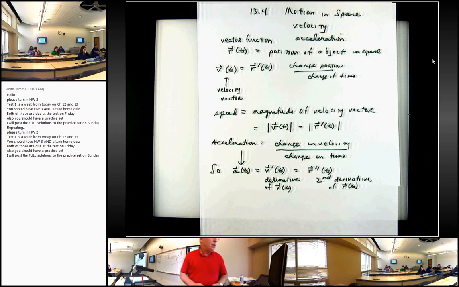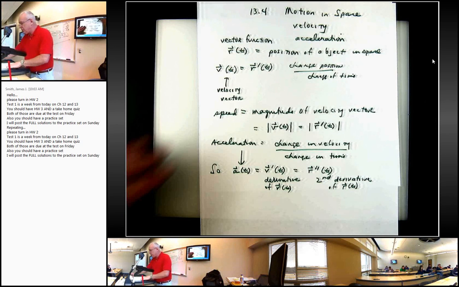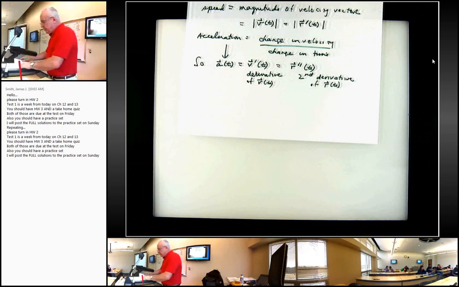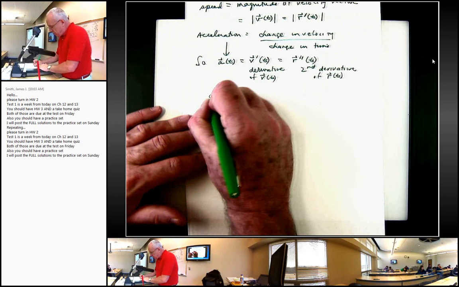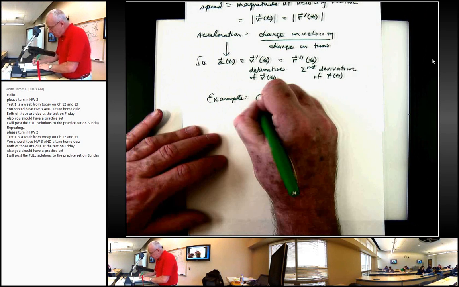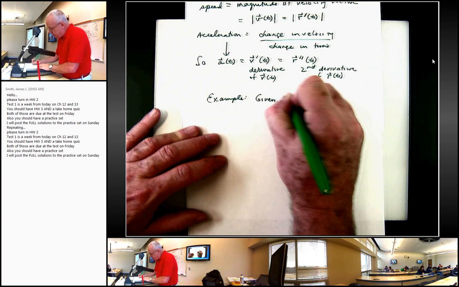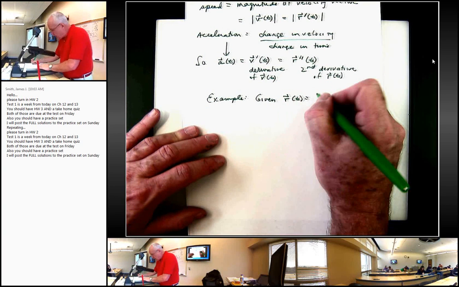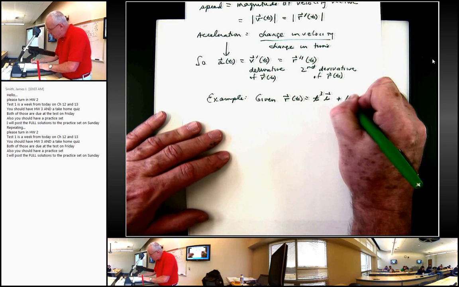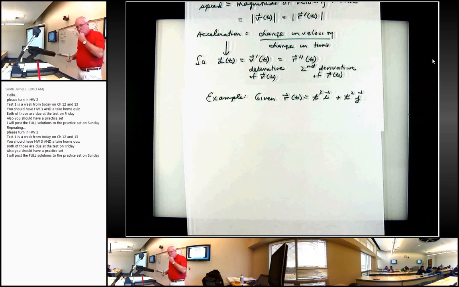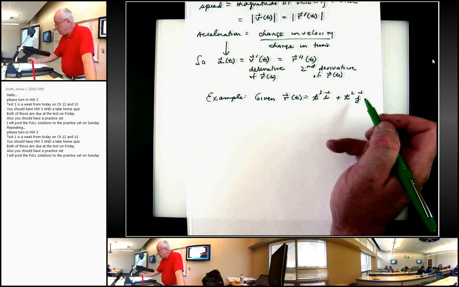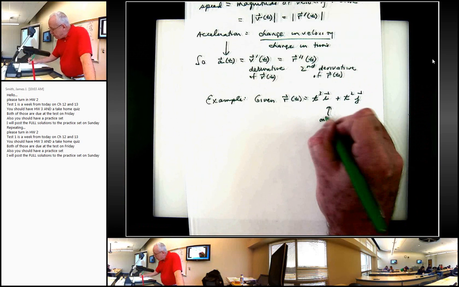So I just want to look at one kind of problem here, just talking about these basic definitions. And so here's an example. I think it's very straightforward. What we're given is the position vector. So we're given that r of t is equal to t cubed times i plus t squared times j. Notice this vector has no k component, so this is only on the xy plane.